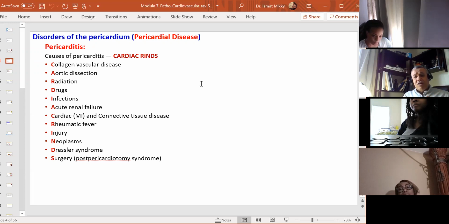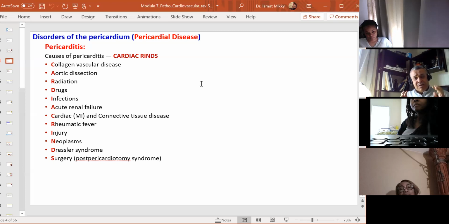The presence of a large amount of fluid around the heart is going to restrict the heart from contracting, which will compromise the ventricular filling, and that will eventually result in decreased cardiac output.